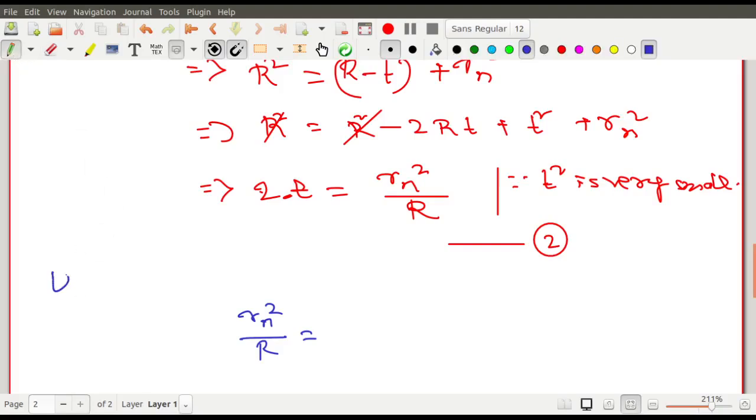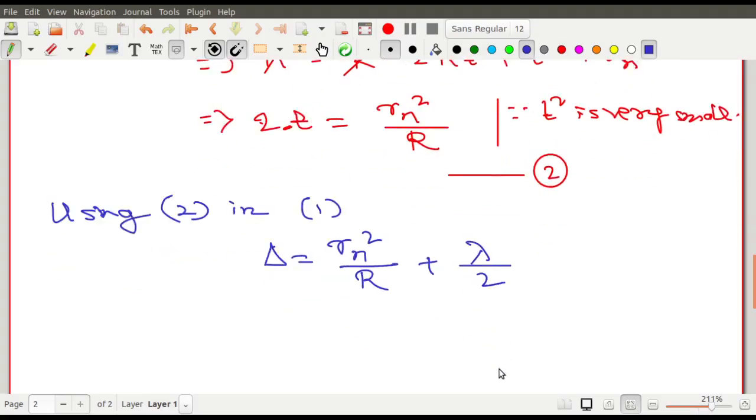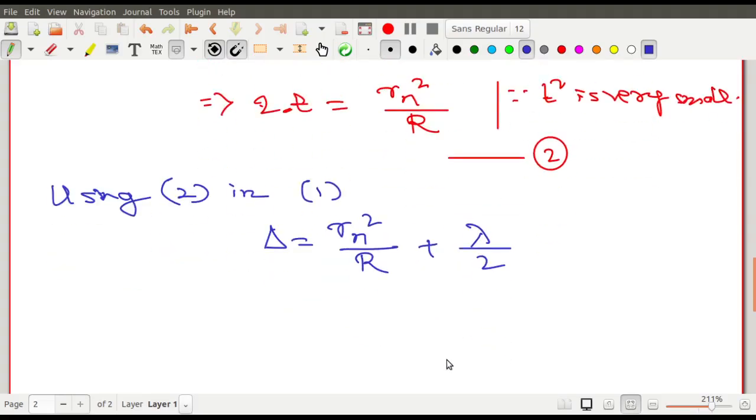So আমার এটা লেখা উচিত using 2 in 1. So if I use 2 in 1, then delta is equal to twice t, মানে হচ্ছে Rn square by R plus some lambda by 2. So that is what I have at this moment, right? And this is suppose some equation 3.